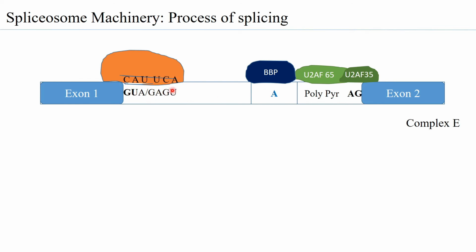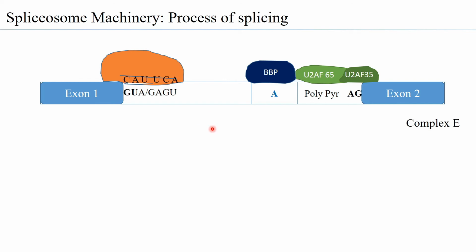You see 5' splice site says it is an intron, branch point A says it is an intron, polypyrimidine and the 3' splice site say that it is intron. So these are defining the intron, and these defined points in the introns are all now marked by molecules of the splicing machinery. So in other words, you can say that the complex E is actually nothing but identification of the intron.